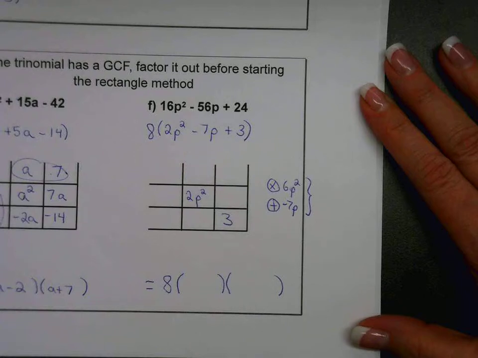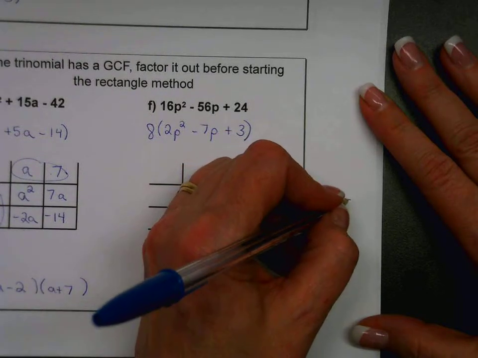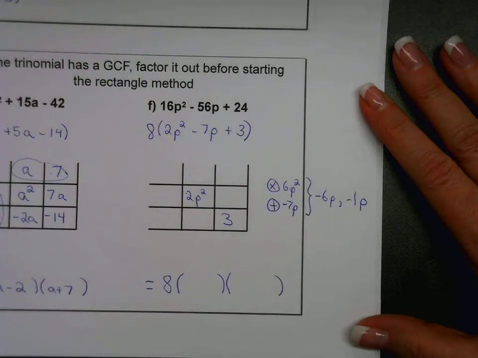Again, because we're multiplying to a +6, we know that our numbers have to either both be negative or both be positive. In this particular case, because they're adding to a negative number, the numbers have to both be negative. We end up using a -6p and a -1p.